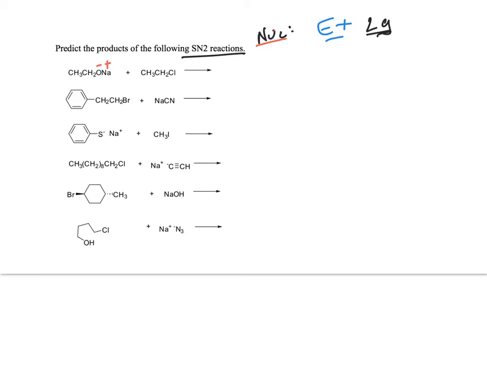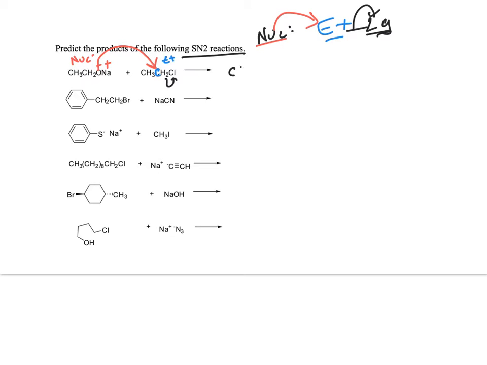You always draw your nucleophile to your electrophile, and then your electrons leave. So what we have here is these electrons. Your electrophile then is this carbon here. So this is your electrophile. This is your nucleophile.